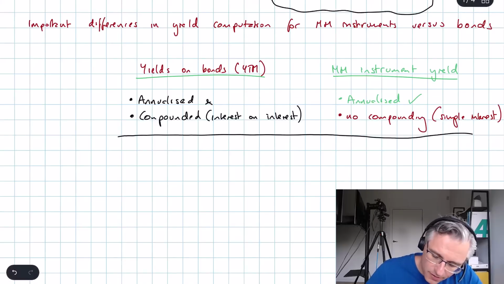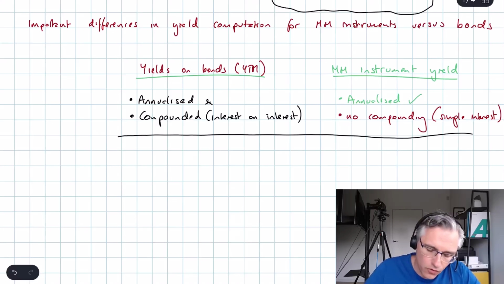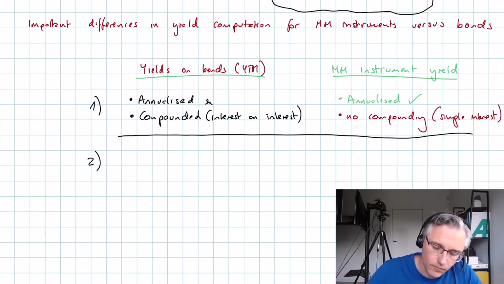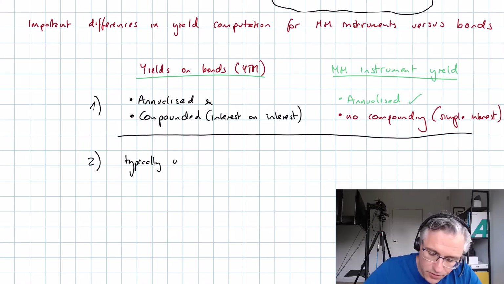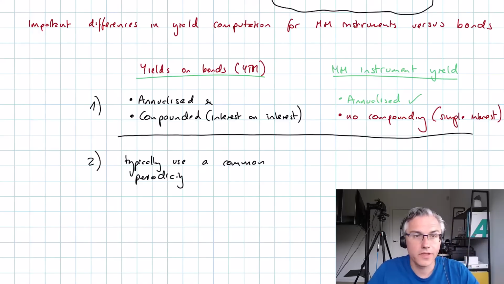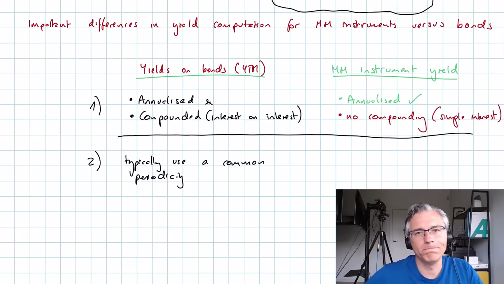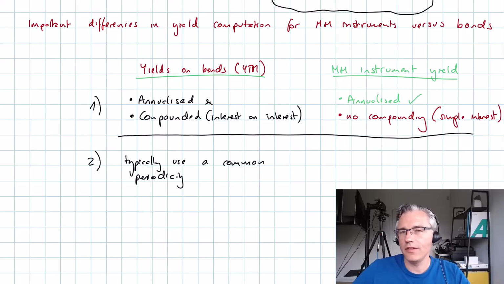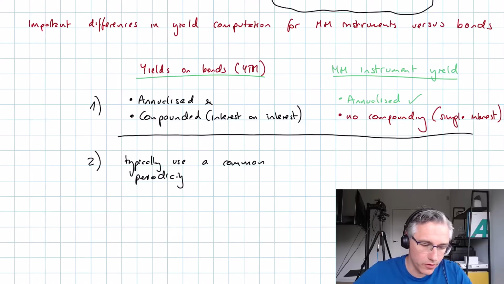Now the second difference is that when you compute yields on bonds, the YTM, you typically use a common periodicity, e.g. a periodicity of 2, which is quite popular, for example, in the UK and the US, where you typically have bonds paying semi-annual coupon.